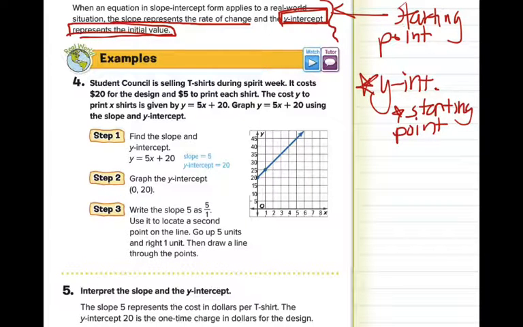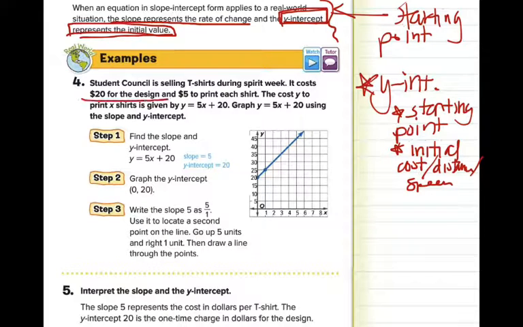In word problems, depending on the situation, it could also be the initial cost, distance, speed, so anything that's at the initial, okay? So the beginning, it's where everything starts.